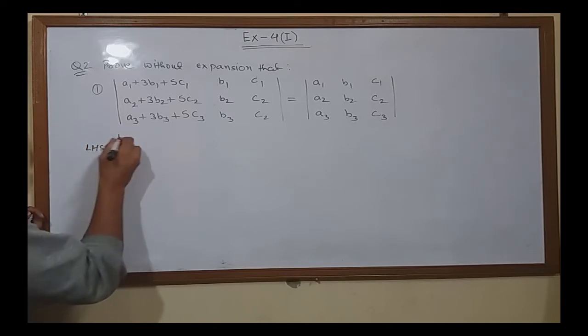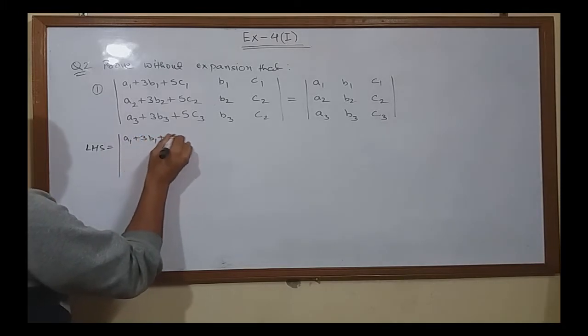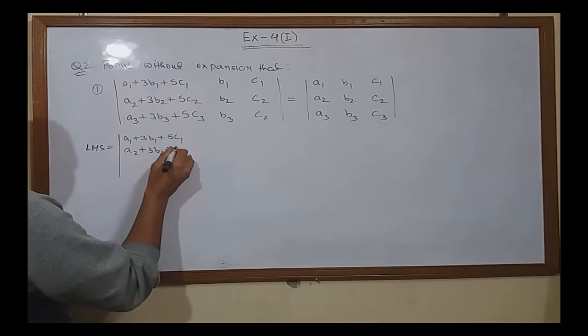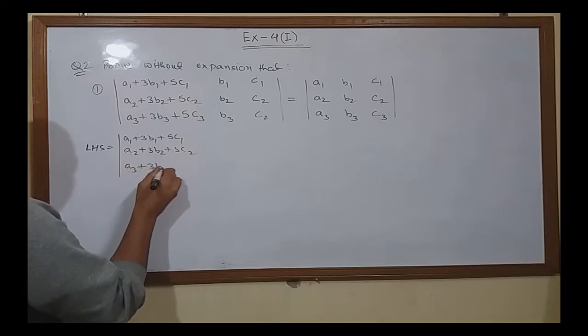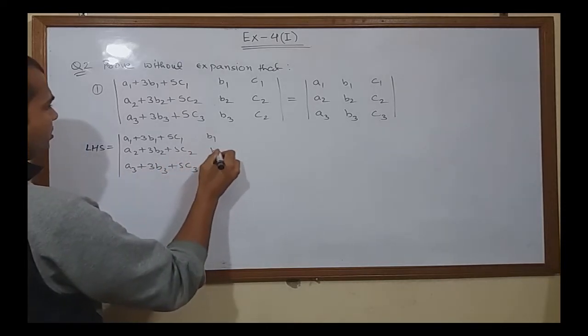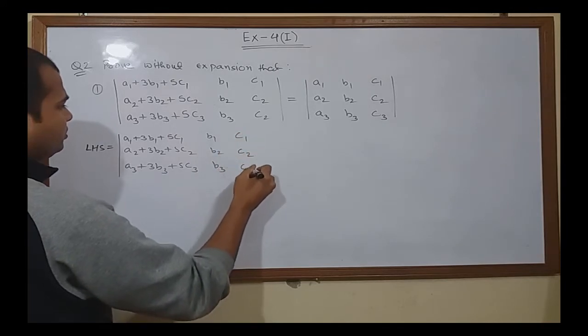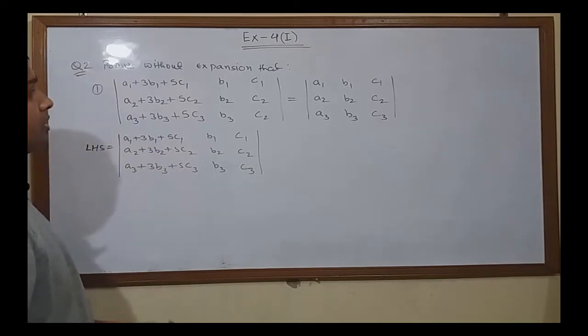LHS is equal to a1 plus 3b1 plus 5c1, a2 plus 3b2 plus 5c2, a3 plus 3b3 plus 5c3, b1, b2, b3, c1, c2, c3. This is your left hand side.